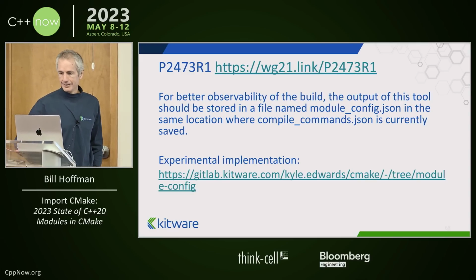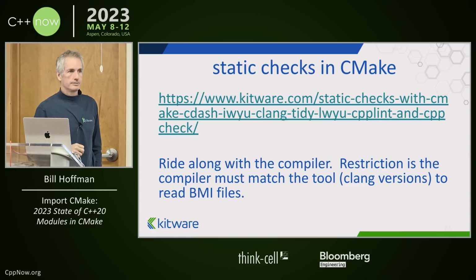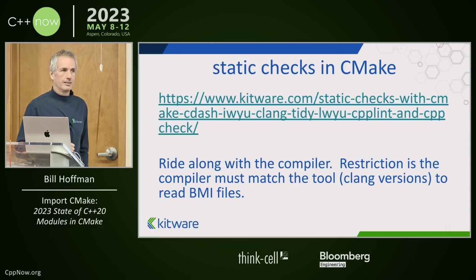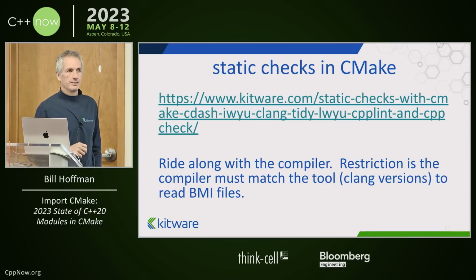Question. So it sounds like in the general case, once we have GCC with modules, we're going to have to compile twice to run the static analysis side. We're going to have to run Clang's compile to get the BMIs to feed into Clang tidy, even if I'm using GCC to build the production .os.